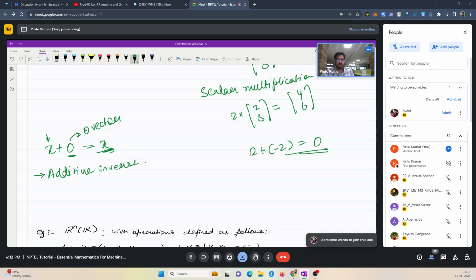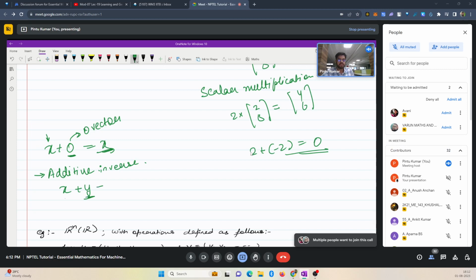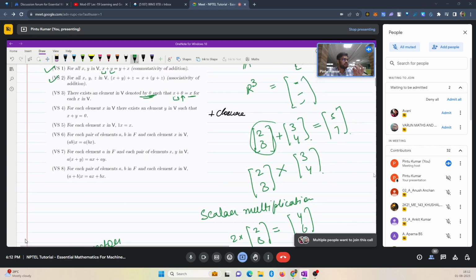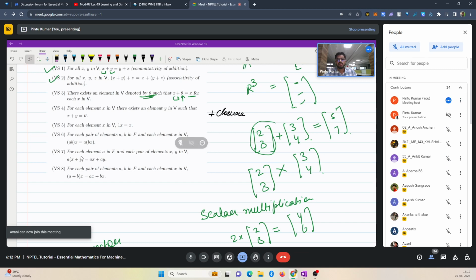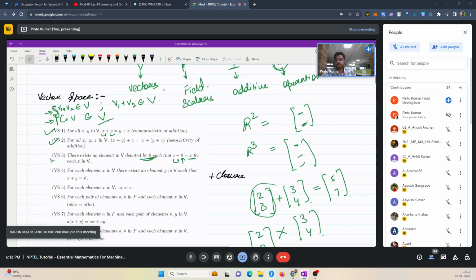If you have x, then y is called its additive inverse if, when you add y to x, you get 0. So in a vector space, what is required is that you should have an additive inverse for every element x. Okay, so these four properties are done.